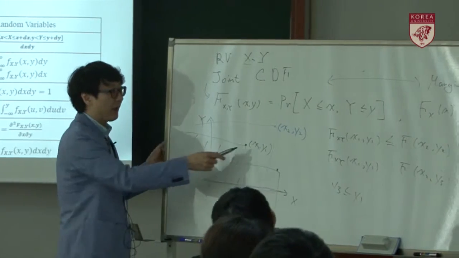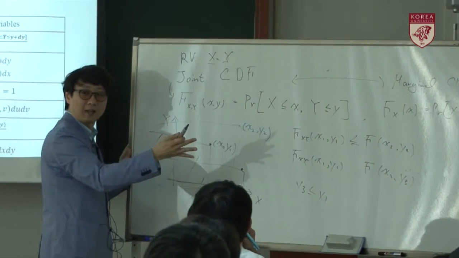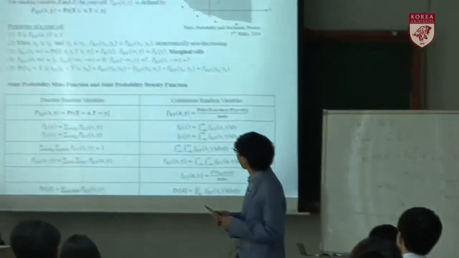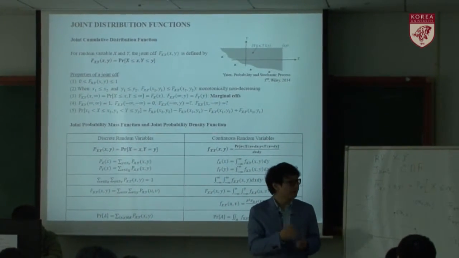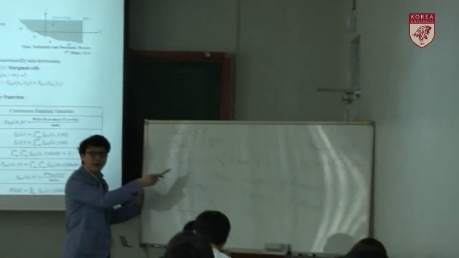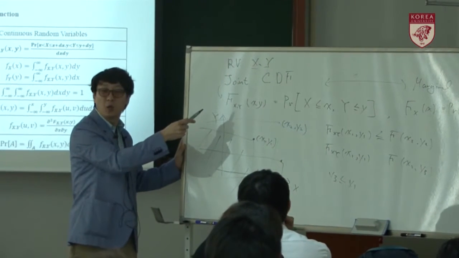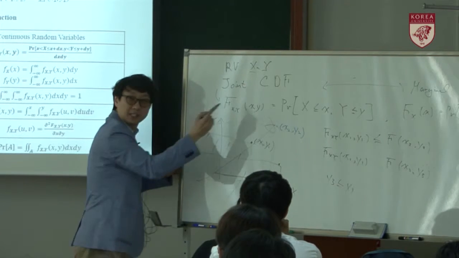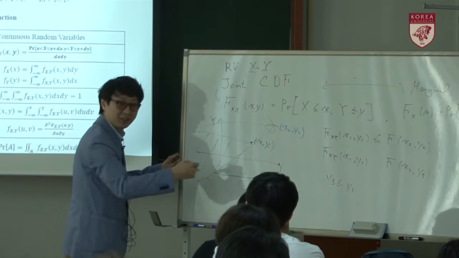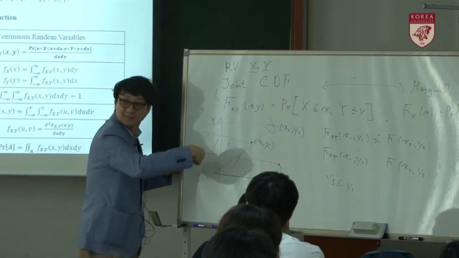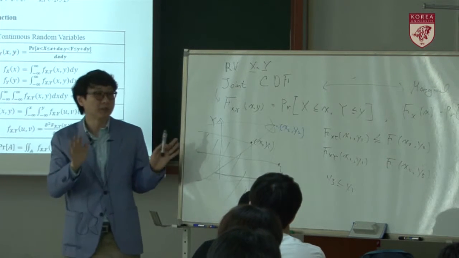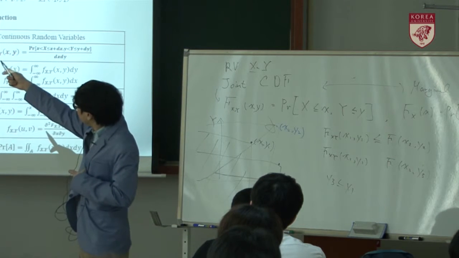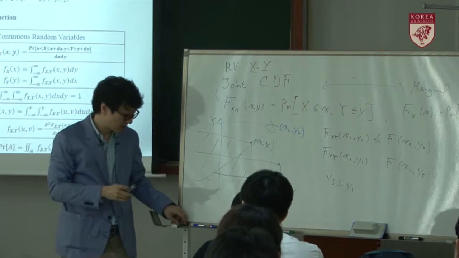But if x and y are both larger, then definitely this CDF is larger. That means this CDF is also monotonically non-decreasing in this direction, not only in this direction but also in this direction, right? So it shares the same properties. And how about this one, and that one? And the property 3.